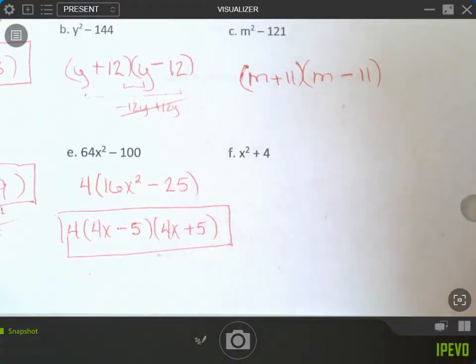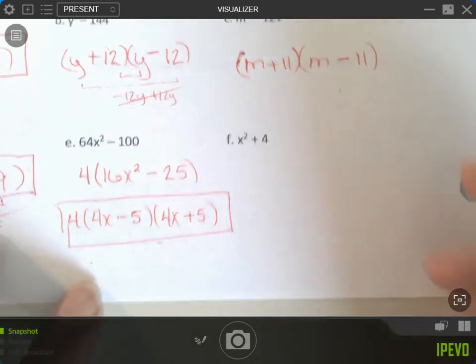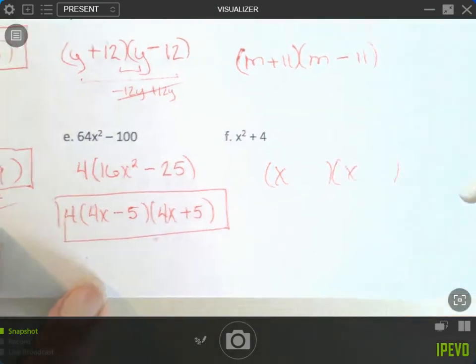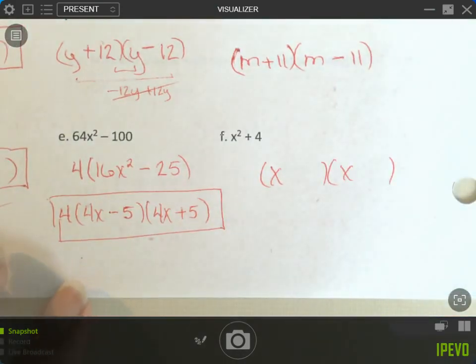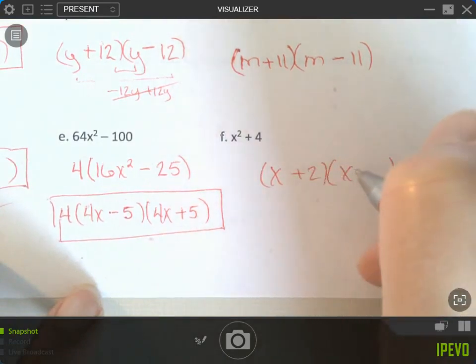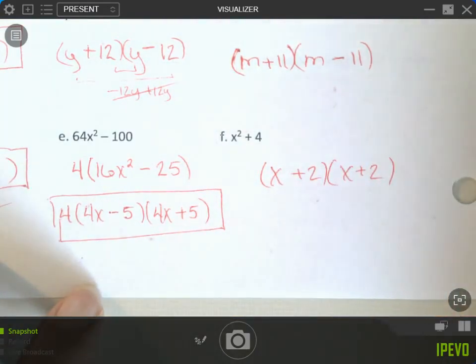All right, how about F? What is it? Okay, so you need to put an X here and an X here. Okay, factors of positive 4. Remember, they have to add up to 0. Yeah, not going to work for me. Okay, so here's the deal. X times X is X squared. 2 times 2 is 4.